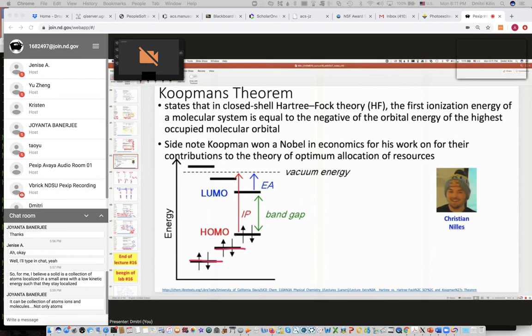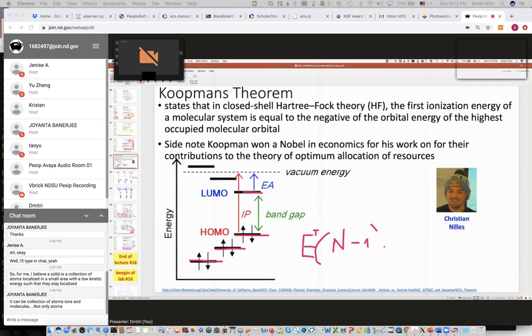Orbitals up to HOMO are occupied with a pair of electrons. And then unoccupied energy is offset by the band gap. So the question is, what would be the total energy of the system if the number of electrons is less by 1?